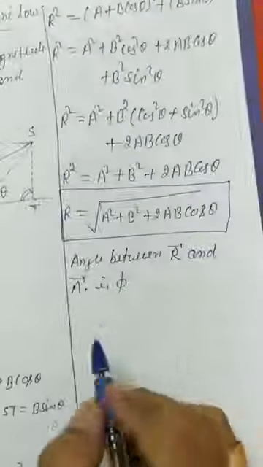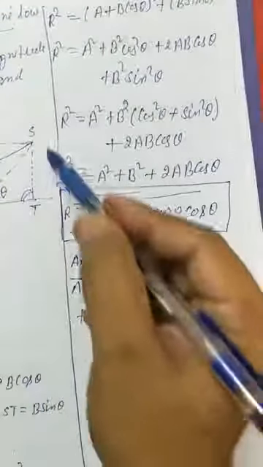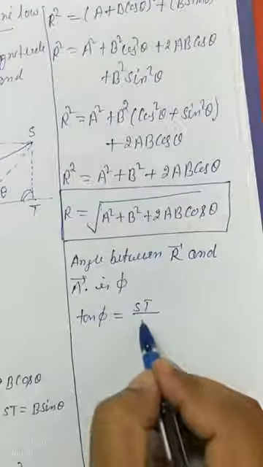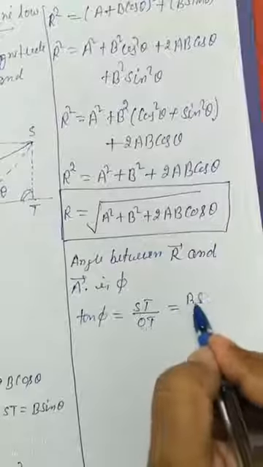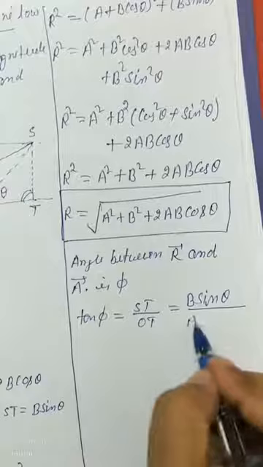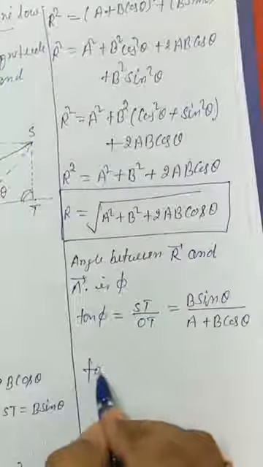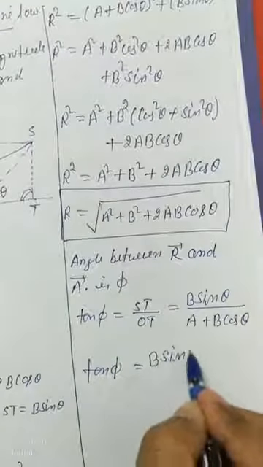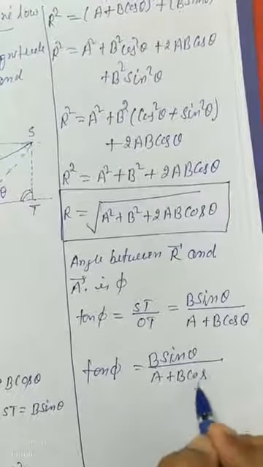Now tan phi is equal to perpendicular ST upon base OT. We know that ST is equal to B sin theta, upon OT, which is equal to A plus B cos theta. Hence tan phi is equal to B sin theta upon A plus B cos theta.